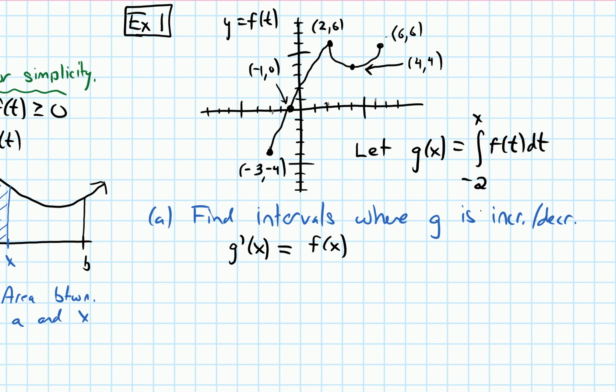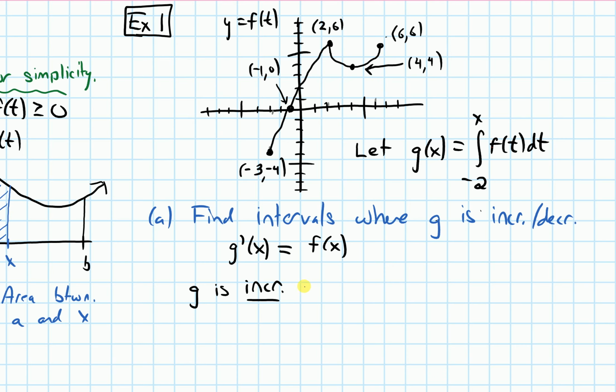So when is g increasing? Well, the function is increasing when its derivative is positive. And the derivative of g is just the function f. So when is the function f positive? Well, it's positive from x is -1 up until x is 6.